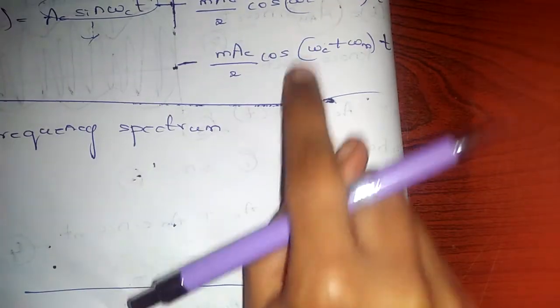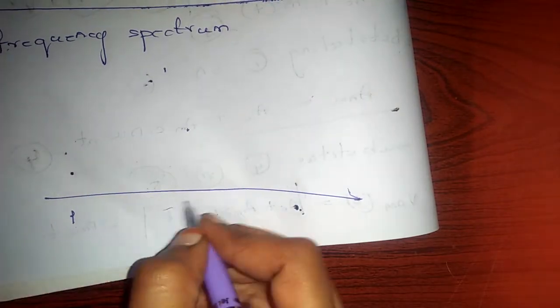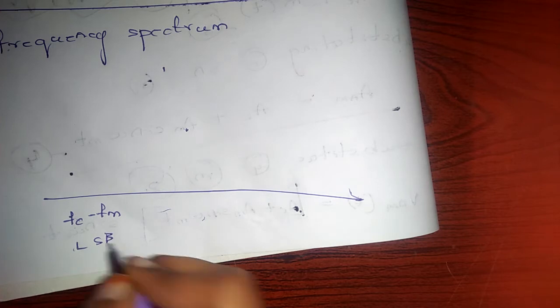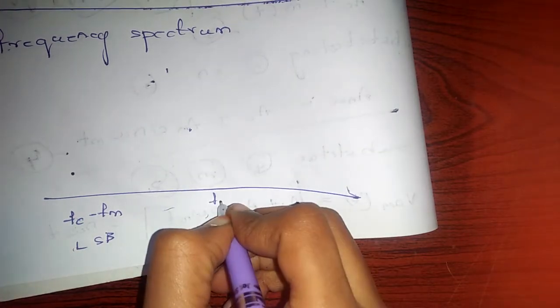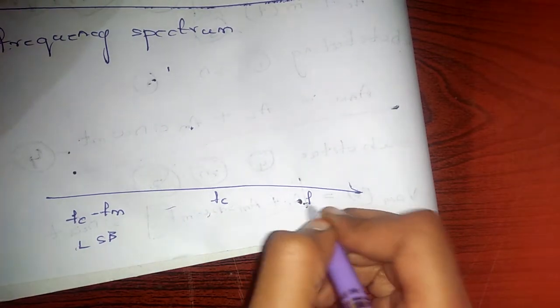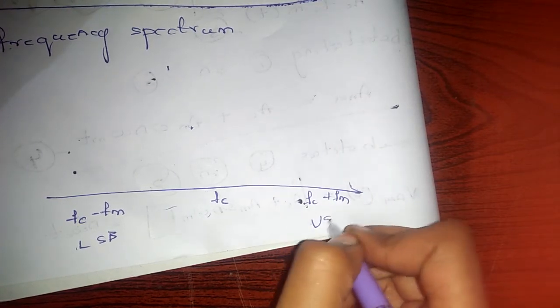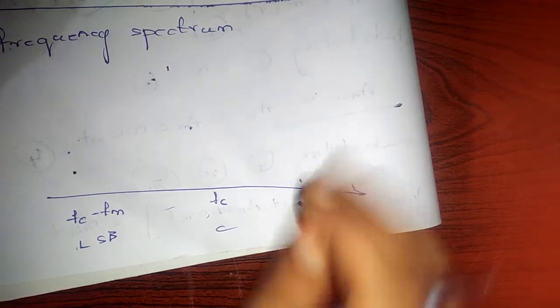FC minus FM, that is for the lower sideband, and FC, and FC plus FM, that is our upper sideband, and this is for the carrier.